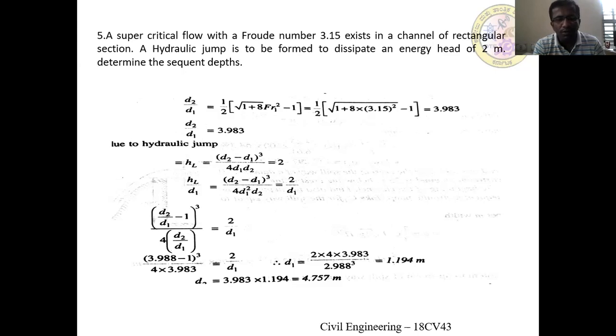With further simplification, we get D1 equals 1.194 meter. So the value of D1 is 1.194. D2 by D1 ratio is 3.983, so 3.983 into 1.194 gives 4.757, the value of D2.